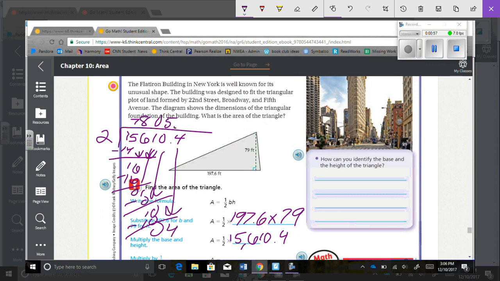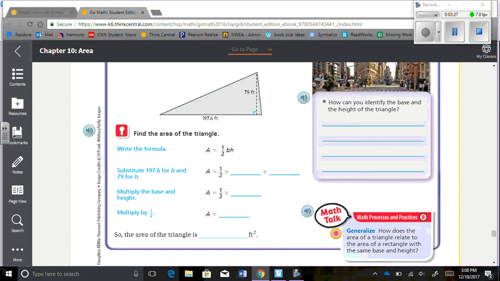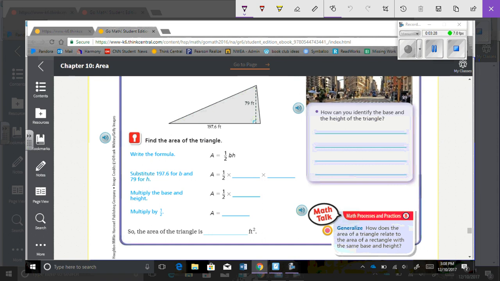Don't forget my decimal place, and it goes in 2 times. So then that gives me a beautiful answer: our area would then be 7,805 and 2/10. So the area of the triangle is 7,805 and 2/10 feet squared. They did label that for us in the book, but make sure that if it is not labeled in the book, you label it yourself.